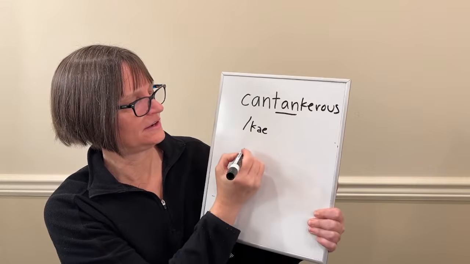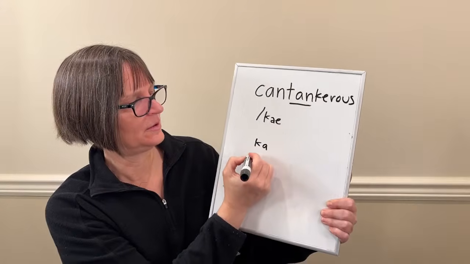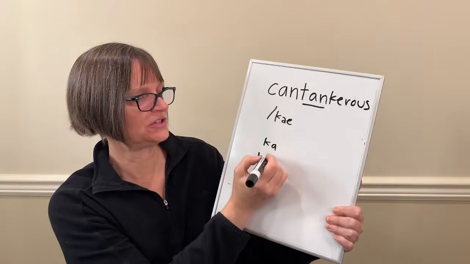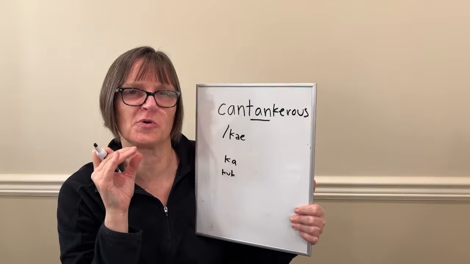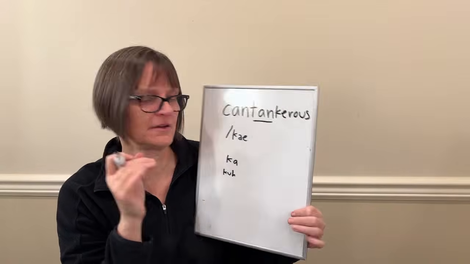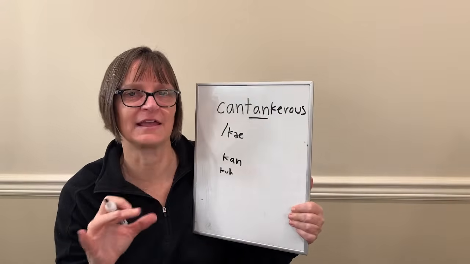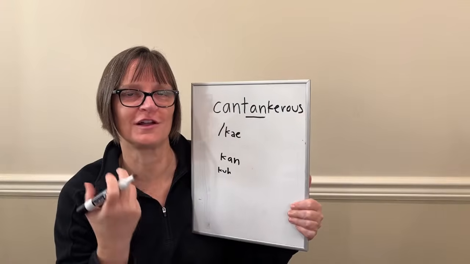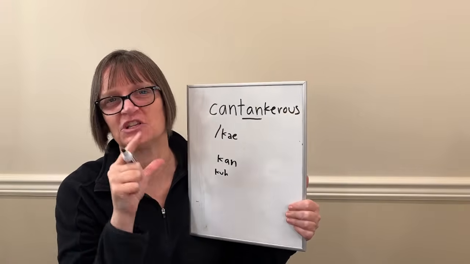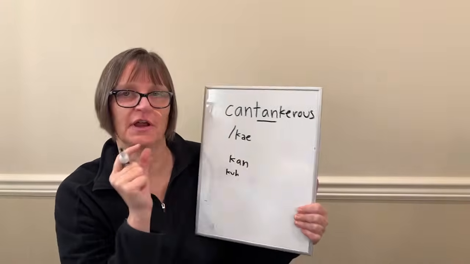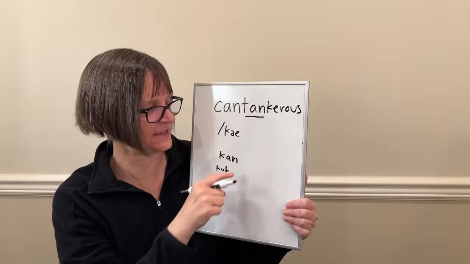What you're going to hear is that a may be a little bit changed, a little smaller, a little more closed, cantankerous. It's not going to be a full tank. We're not going to have a strong, clear vowel there, but it doesn't really change what they show in the dictionary or what you should think of. You should think of saying it as an a sound.